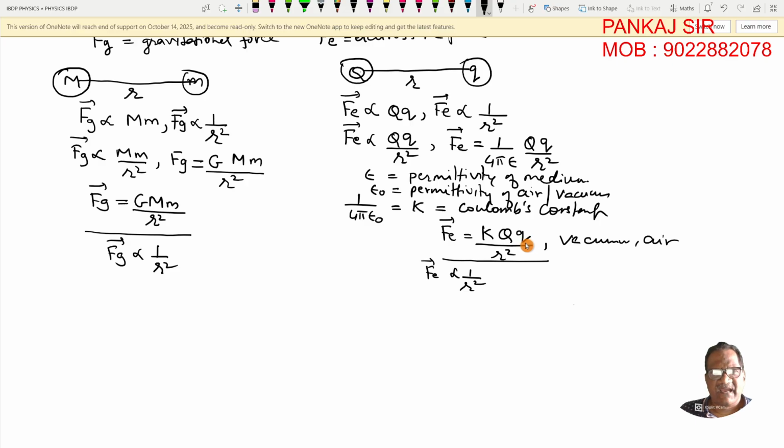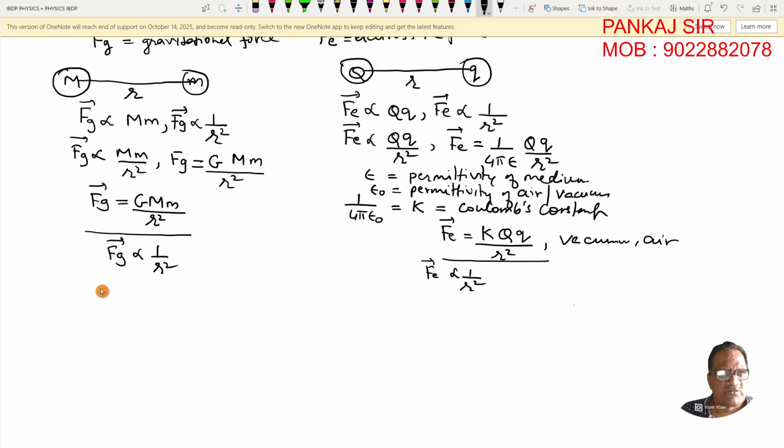And in this case also capital Q is bigger in magnitude, and small q is smaller. Fine. Now these are the two formulas for the gravitational force and the electrostatic force.